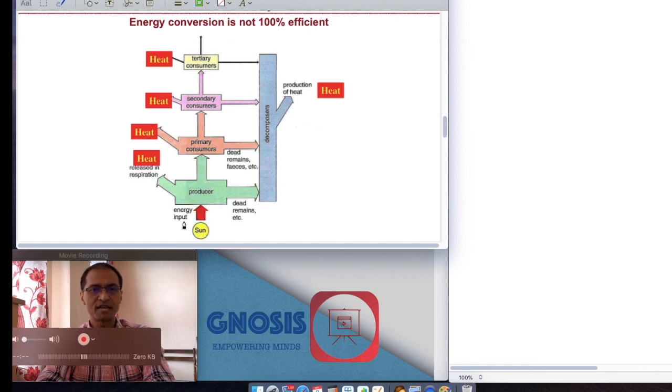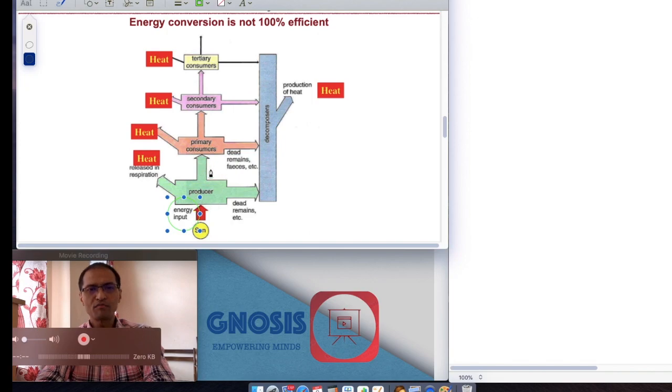and energy from the sun is the input, and this input energy is utilized by the producer via the process of photosynthesis to produce organic matter. And some energy in the process is lost in the form of heat.